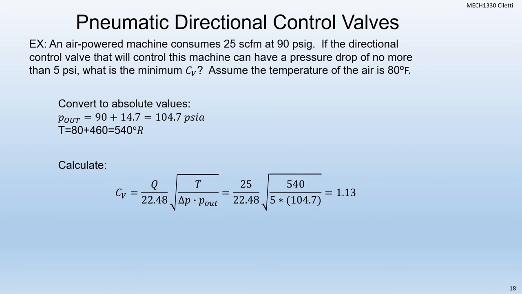Next, substitute all of our given values into the equation, and we get our flow coefficient of 1.13. Remember, it's unitless. So if we choose a valve of 1.13 or higher, that ensures the pressure drop will not be more than 5 psi. That's why we use the flow coefficient as a gauging tool.